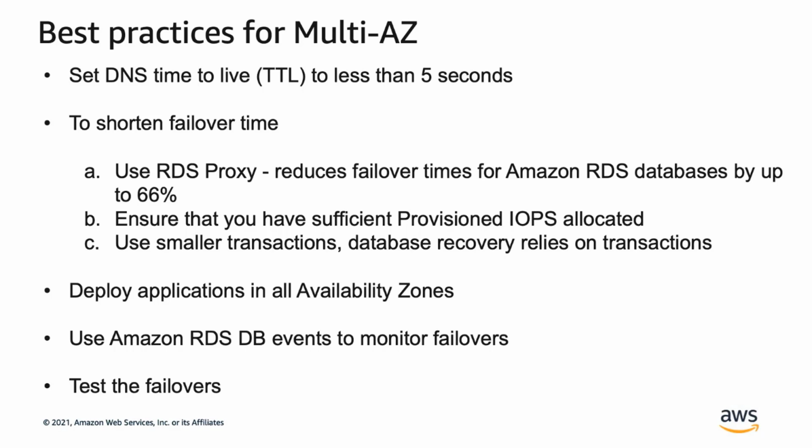This reduces failover time for RDS databases by up to 66%. And also ensure that you have sufficient provisioned IOPS on your EBS volumes so that during the failover, we can use these IOPS to recover much faster. And also make sure you have small transactions because we can improve the database recovery process.